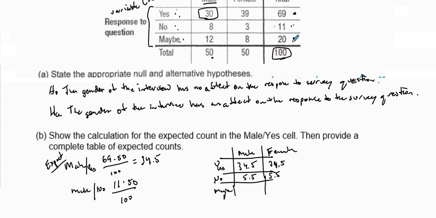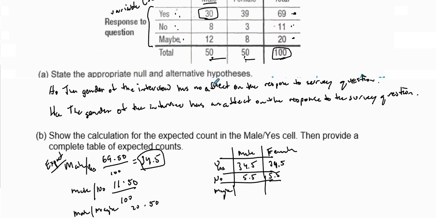Then finally, go to maybe, so male and maybe, and I'm just going to write these down. We only need to know this one. That's all I asked us to do, but I'm an overachiever, so we're going to have 20 times 50. For this one, because it is 50, these happen to be the same, and that's why these values are going to be the same right here.